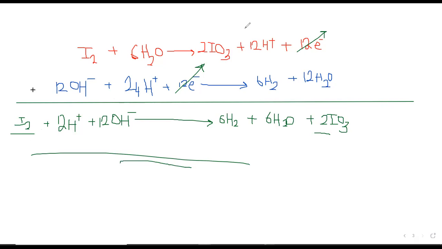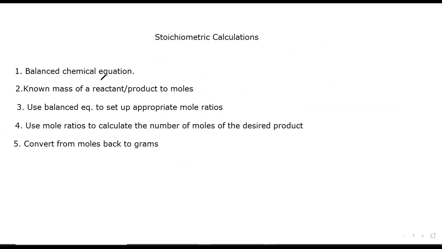Okay, so we'll stop here for now, and then next time we will consider question 1. I hope this was helpful, just to run through what we have been doing so far. So we've basically worked on the first part, which is to balance chemical equations. Of course, when it comes to stoichiometry, we are not going to do all that work.